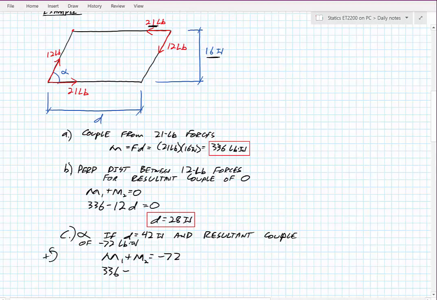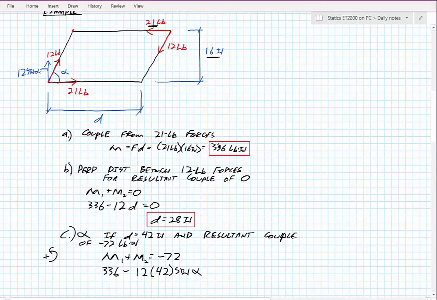So for our second moment for these 12-pound forces, I have 12 pounds times some kind of perpendicular distance. We'll have to figure out what that perpendicular distance is, and that's where I get this 42 times the sine of alpha. So there's two ways that you can think of this. One is that I'm finding the vertical component for each one of these 12-pound forces, which would be 12 times the sine of alpha.